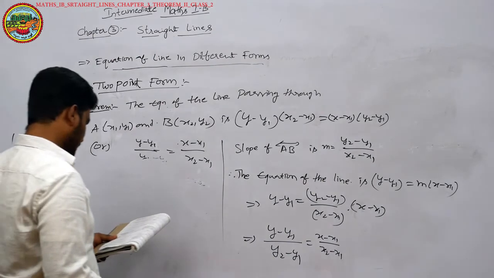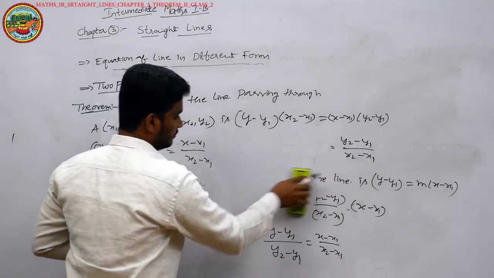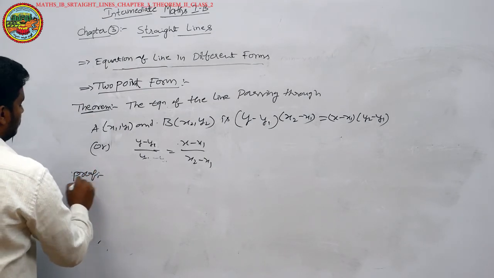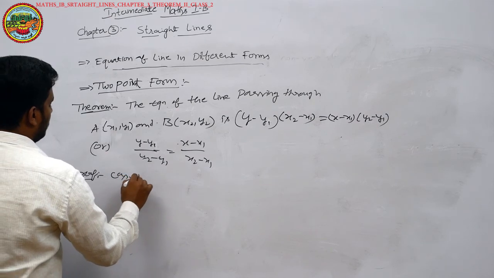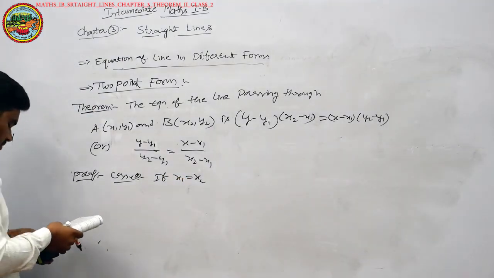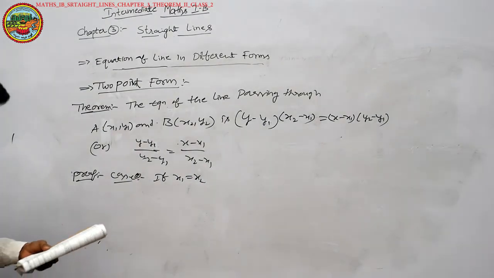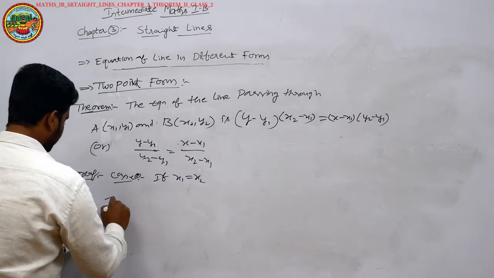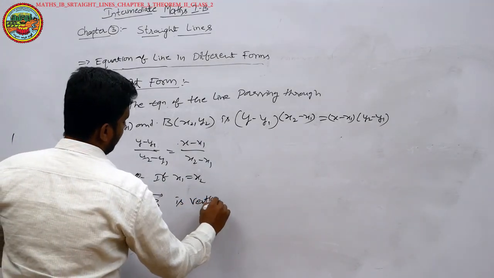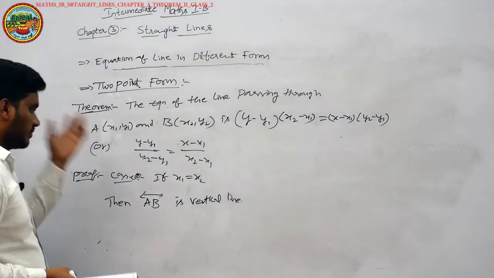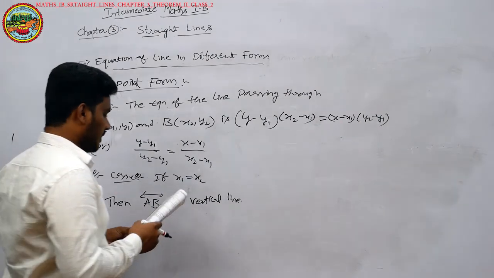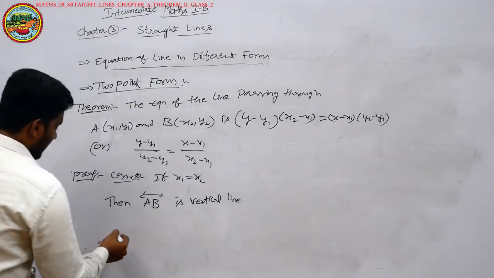Now case 2. Suppose x1 is equal to x2. If x1 is equal to x2, then line AB is a vertical line, parallel to the y axis.